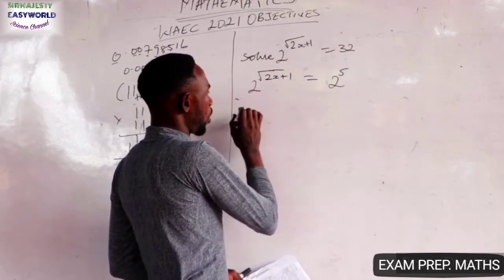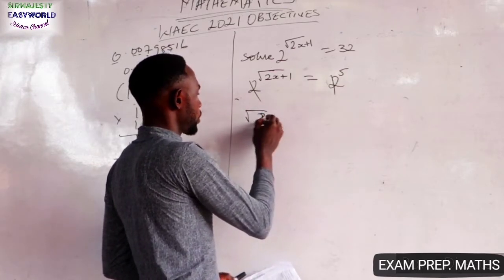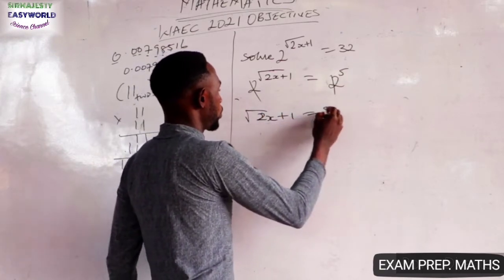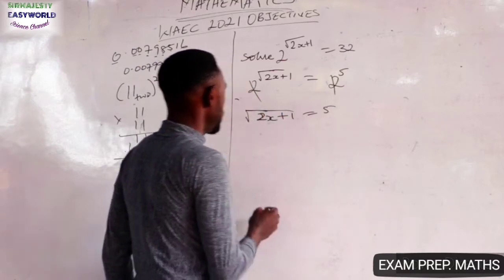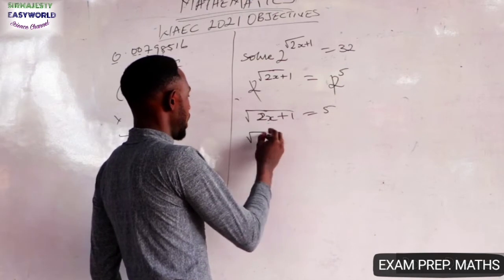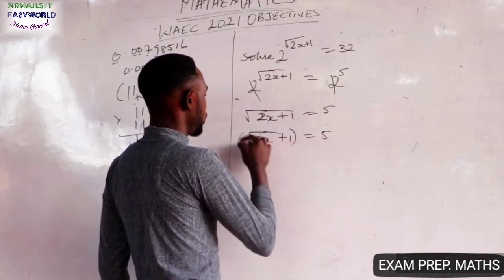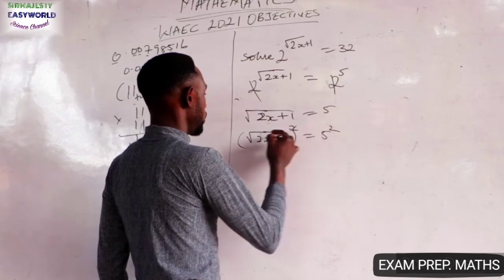So we have developed a common base, the 2s cancel out, so that we are left with the square root of 2x plus 1 equal to 5. Then, to remove the square root, we square both sides. Square cancels square.